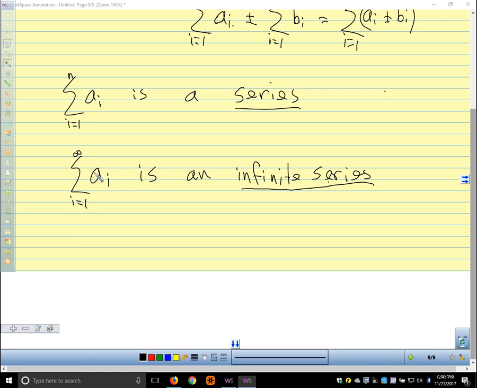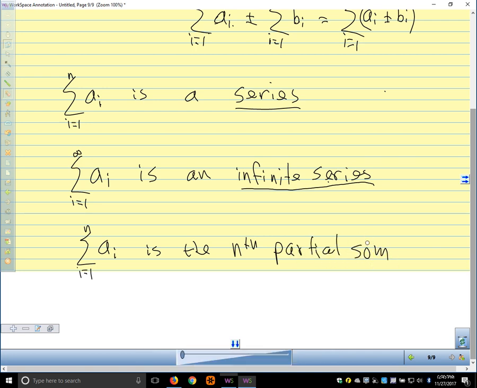If we have an infinite series and we only add some of the terms together, the sum i equals 1 to n of a sub i is the nth partial sum. So if we add 10 terms together, we call that the 10th partial sum.